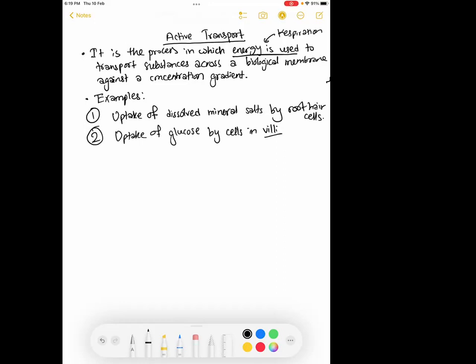These are cells in our small intestine. So these are small protrusions of the small intestine. Okay. So these are the most common examples of active transport. Now, I want to show you videos of these two examples so that you actually remember them, and also it's easy to visualize how it happens, okay?